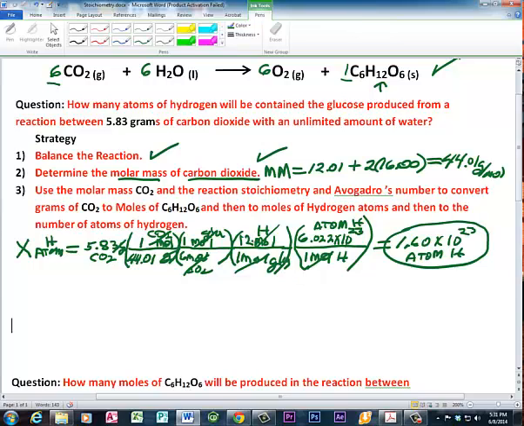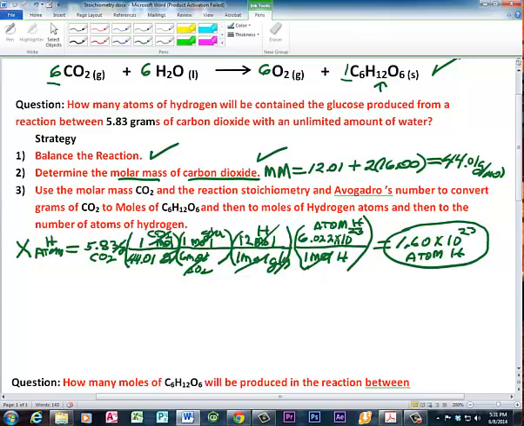Mathematically, it would have made no difference. I could have gone from moles of glucose to number of molecules of glucose. So that would have put Avogadro's number right here. And then instead of doing what I did initially, I would have had 1 molecule of glucose going to 12 atoms of hydrogen.